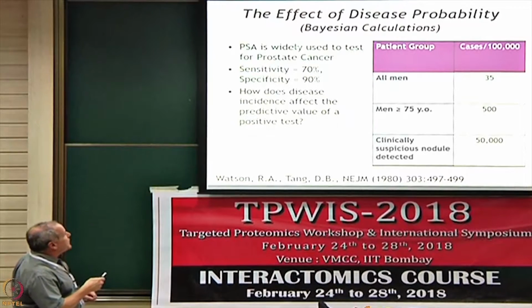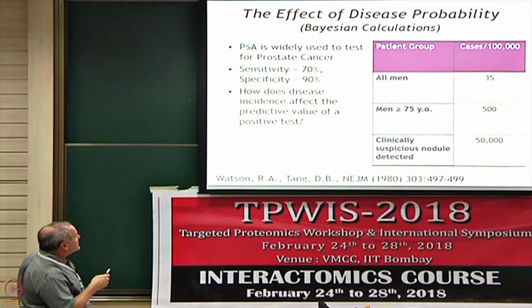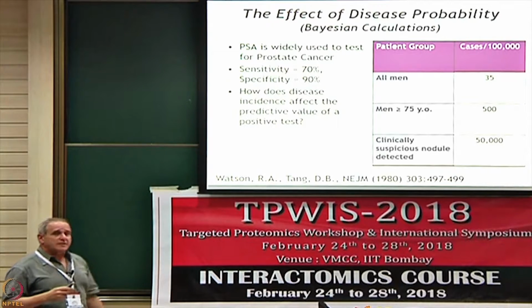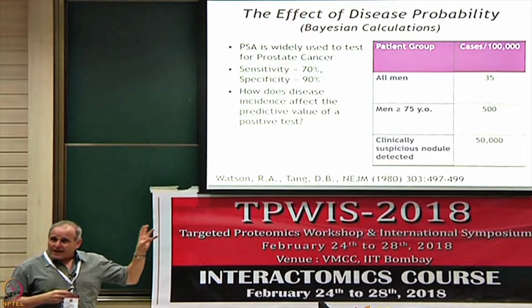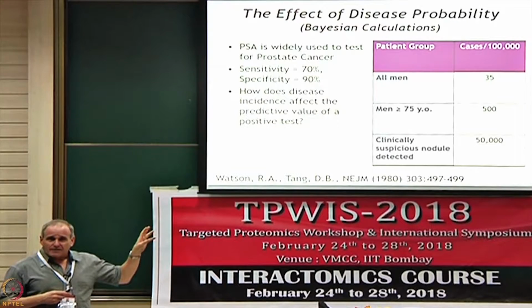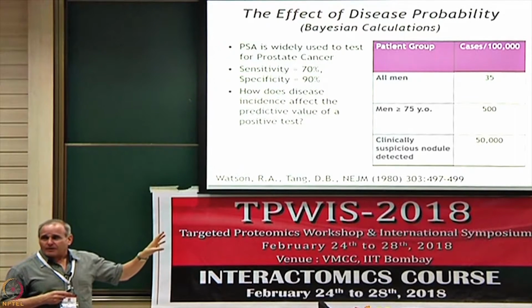And we're going to use as an example the prostate-specific antigen test. This is a very common test used to detect prostate cancer. It has a sensitivity of around 70% and a specificity of 90%. That's one of the best values you'll see anywhere. That's a pretty typical marker.